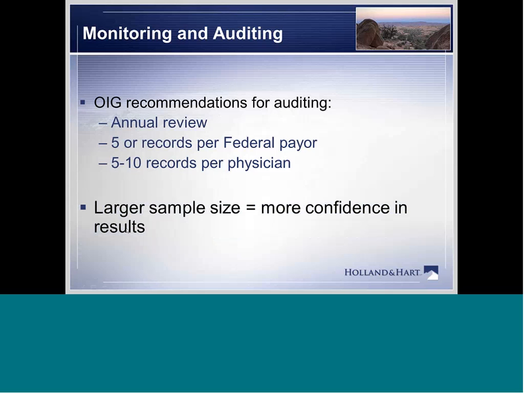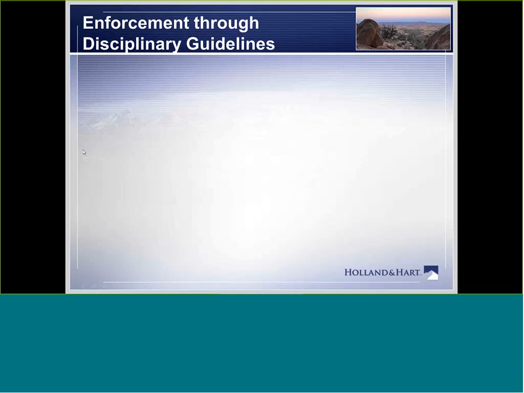And the larger the sample size, the more confidence you'll have in the results. So that definitely doesn't mean that any audit needs to be a top-to-bottom 100% review of all claims that year, but it should be a sample that hopefully can give you meaningful results on how your organization is looking overall.